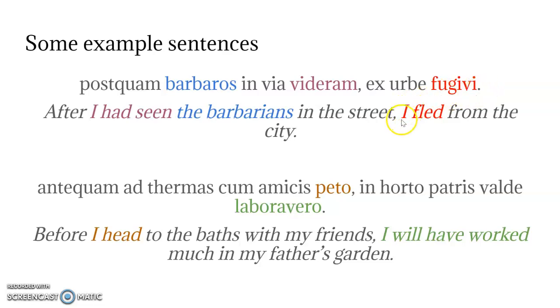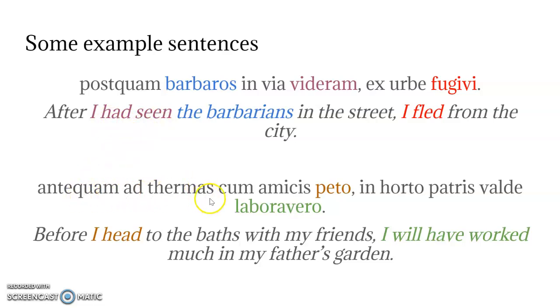So fugivi would mean I fled ex urbe, from the city. So we see an example here of how the pluperfect videram shows that super past tense. It's like all of this sentence takes place in the past, but videram is the thing that happened first. After I had seen this, I then did this. Both of these are in the past, but the first thing that happened was videram, I had seen. And that's how that works.